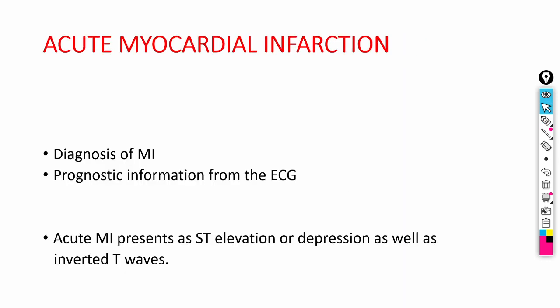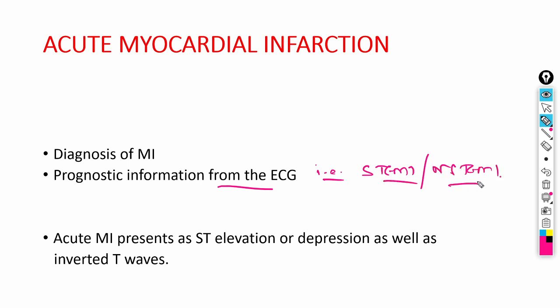Now let's have a look at some ECGs of myocardial infarction. By the way, the ECG not only helps us in diagnosis of MI but also gives prognostic information. The ECG changes can be ST elevated or non-ST elevated.